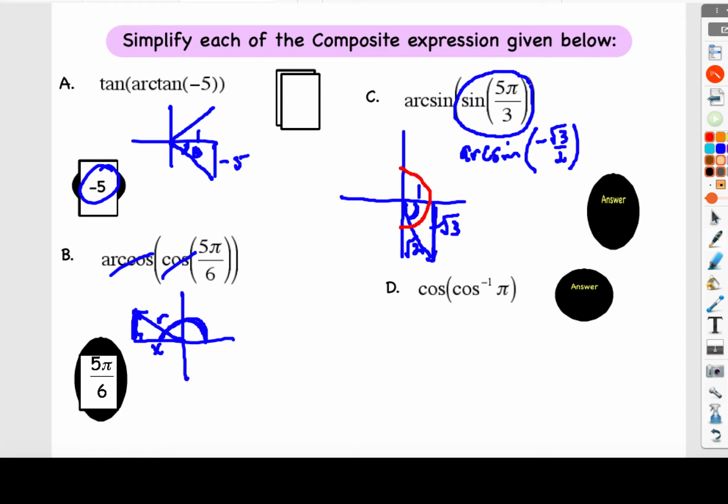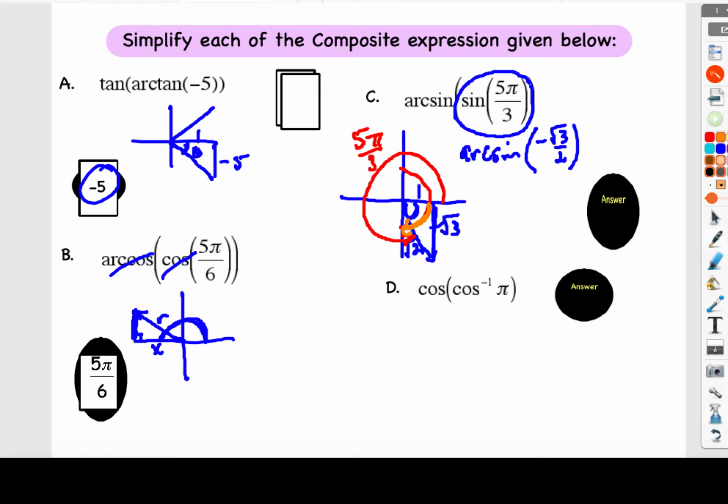Now you might be saying, well, wait a minute, we're in quadrant 4. That sounds great. But the difference is I don't want to go around the unit circle this direction to get to my 5 pi over 3. I want to go directly downwards.